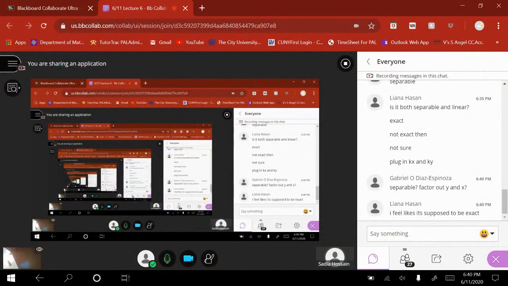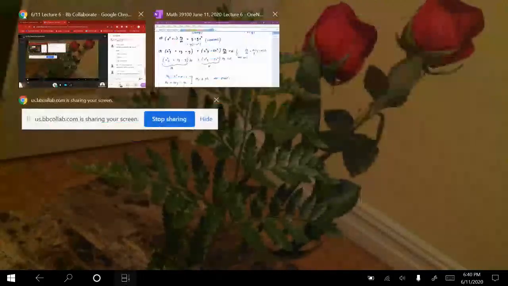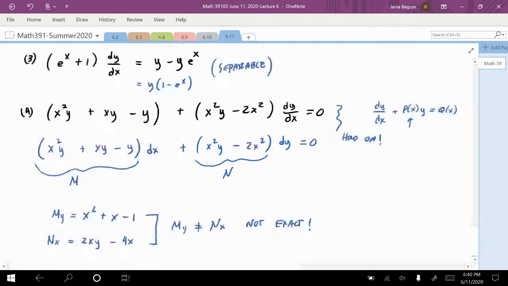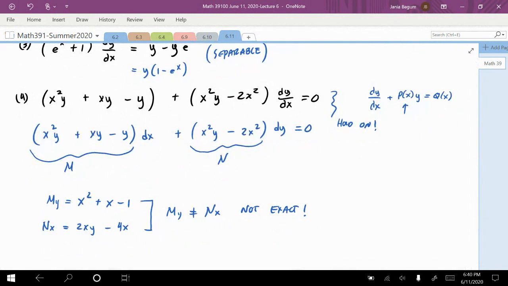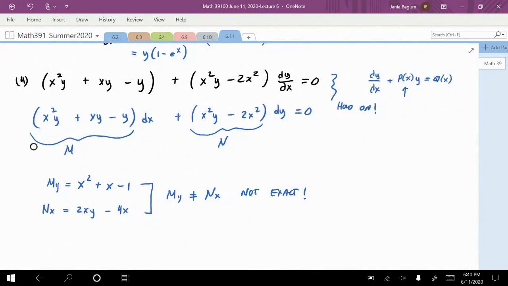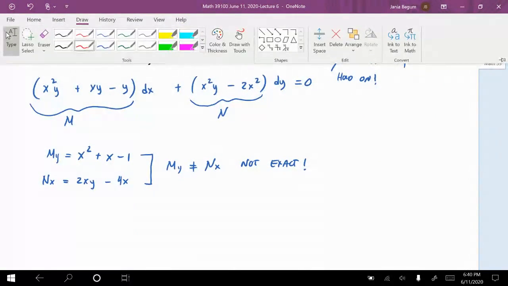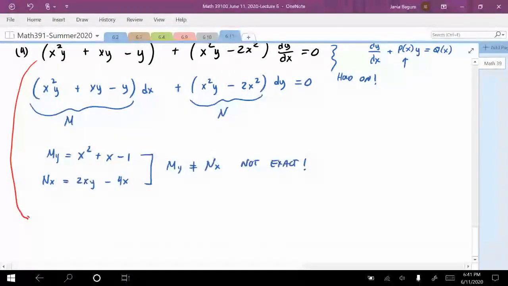Gabriel says separation of variables. So it looks like that might work, right? Yeah, if you keep trying, I think you can do that. So let's try that. Let me go ahead and write it one more time. So I'm going to rewrite this. Let's factor out the y.